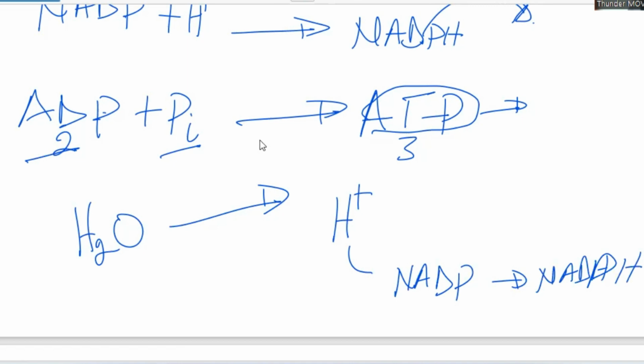The second function is phosphorylation, to add inorganic phosphate to ADP, so that there are 3 phosphates instead of 2, hence forming ATP, which is adenosine triphosphate.